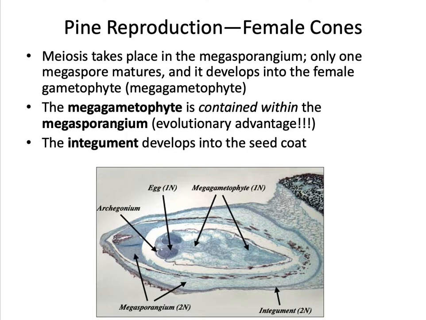So this is an evolutionary advantage where we're containing our reproductive parts inside layer upon layer of tissue so that it's protected, which is so important. Finally, an integument layer develops to form the seed coat around the ovule after fertilization.